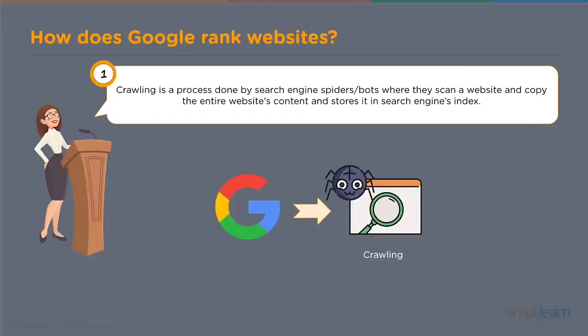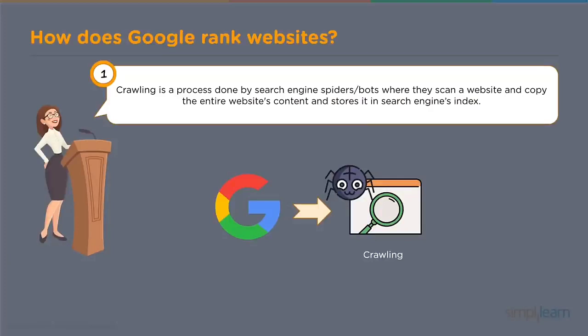So crawling is simply a process by which Google has bots. And what these bots do is they go to your web server and crawl every page that they can find. And how do they find these pages? Well, they basically follow links. You might have heard the term spidering, which is what they call search engine spidering. So basically Google is building a web, so to speak, of all the links that they're following.